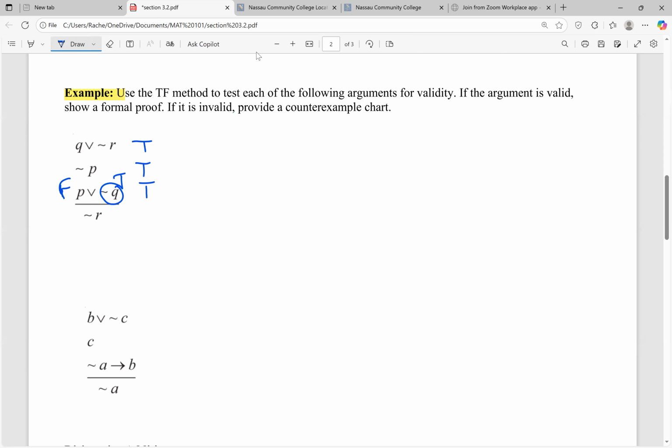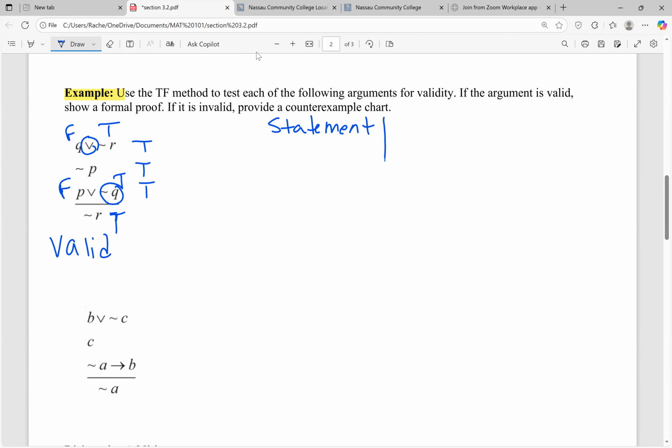So not Q is going to be true, which then makes Q false. And we have a disjunction, but we need it to be true, so not R has to be true. And not R is my conclusion, which would also be true, right? So we just showed that this argument is valid, but now let's make a formal proof.